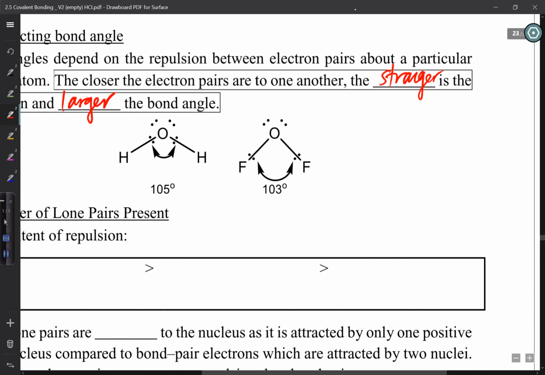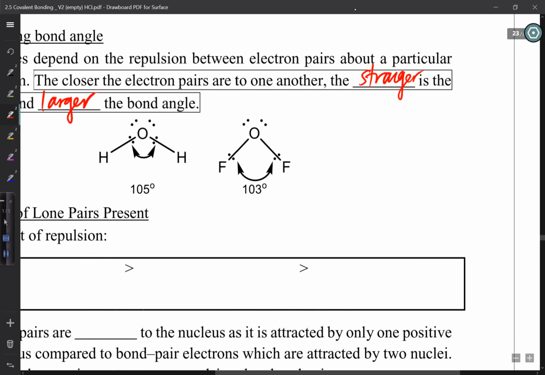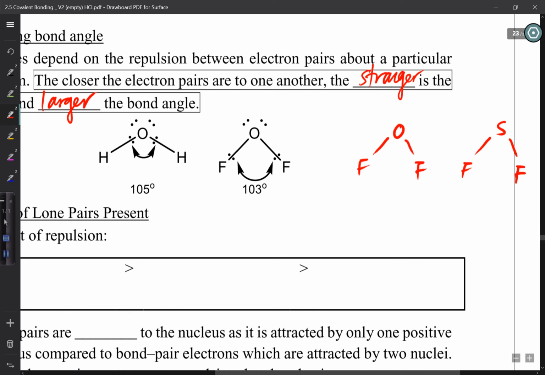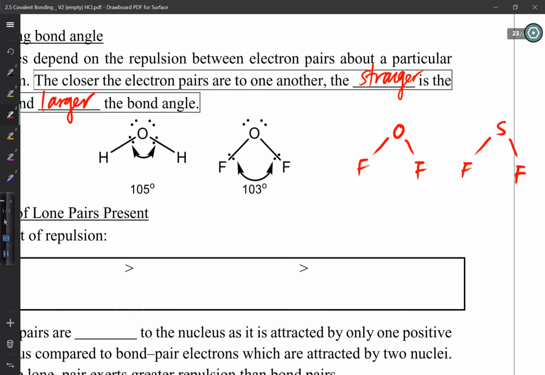Now the reverse is also true. If let's say I were to change this to, say, oxygen and sulfur, alright? Now can you tell me which of these will have a larger bond angle? Which of these molecules will have a larger bond angle? Sulfur. Why sulfur?